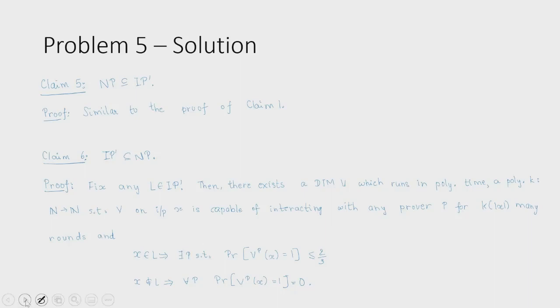Now using this, we'll construct a deterministic Turing machine M, which is a verifier for NP. So let's do that. The construction is similar. Earlier we just had X, A1 to AK.